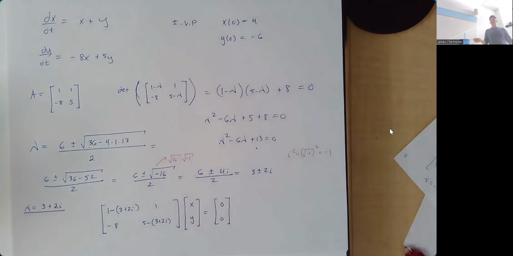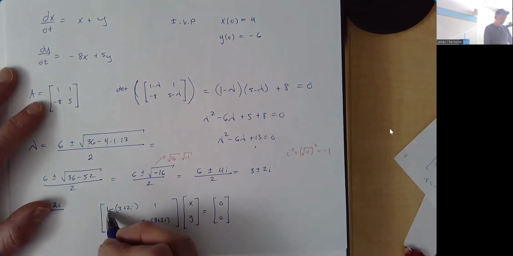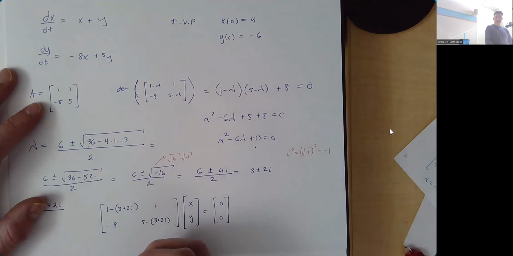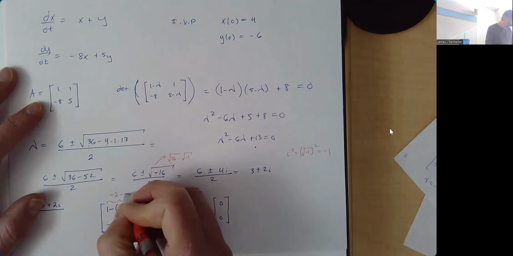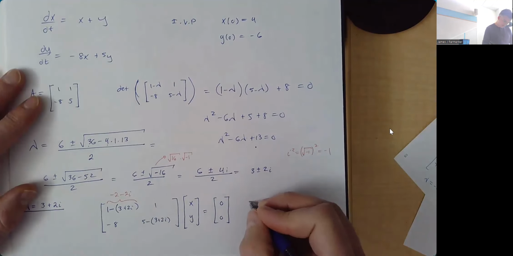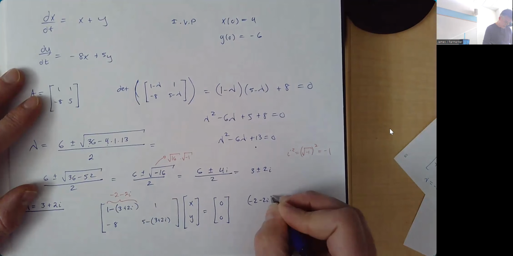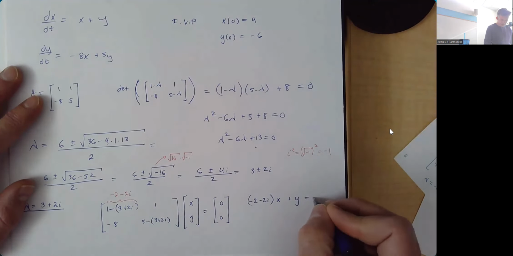Just like almost every time we've done this, you can choose either row you want. I would choose the row that has smaller integer numbers. I'm going to pick the first row here. So -2 minus 2i, because that's what this is equal to, times x plus 1 times y equals 0.